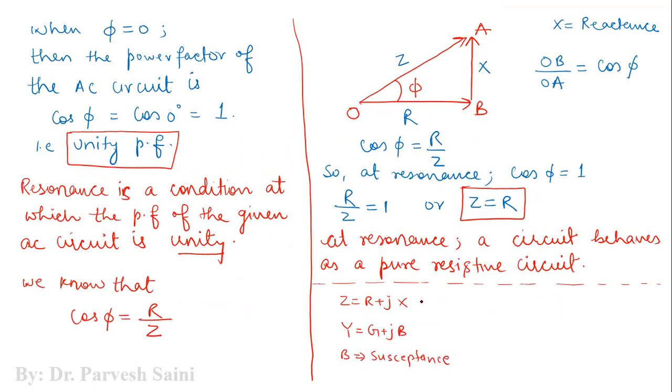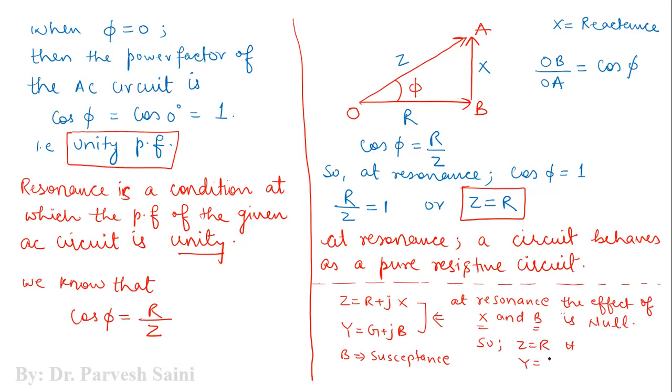Now, at resonance, the effect of X and B is null. So Z is equal to R and Y is equal to G.